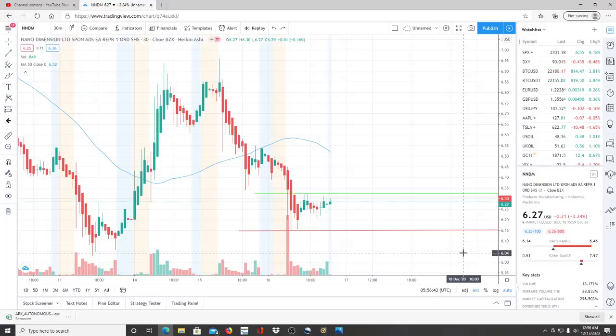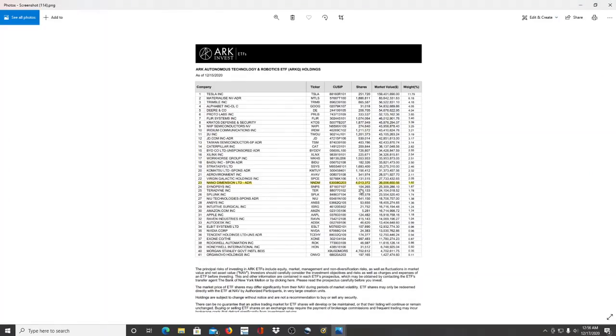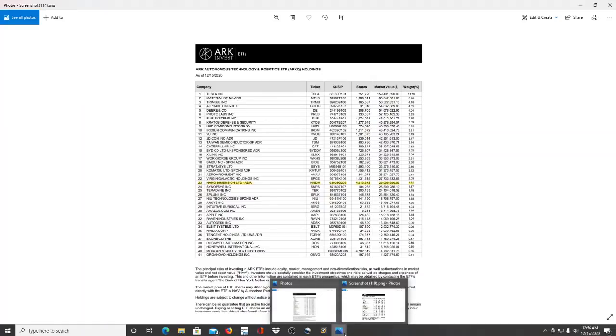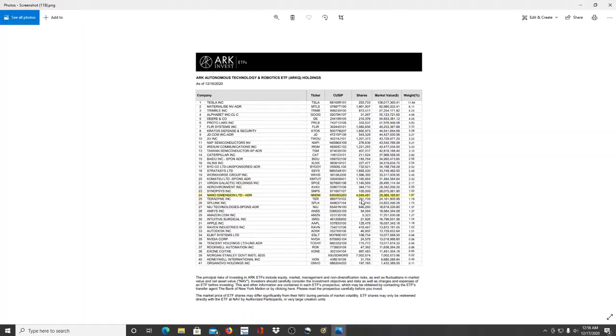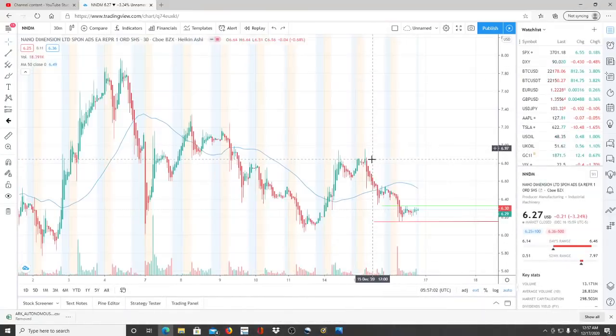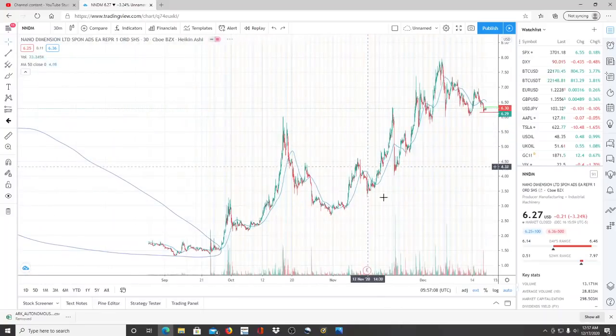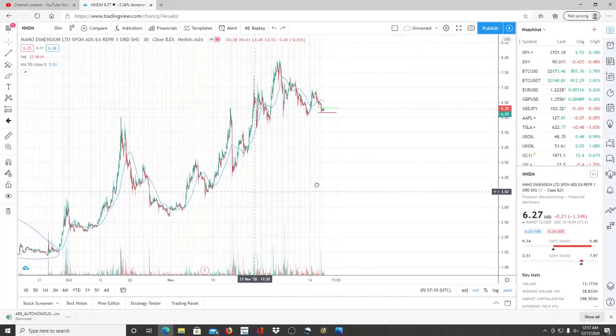Now, why would ARK Invest, right, keep on making their position larger? It just moved from the 15th from 4,013,000 to 4,045,000 on the 16th. And what's happening is Nano Dimensions has been bought by ARK Invest way back in these numbers back here.